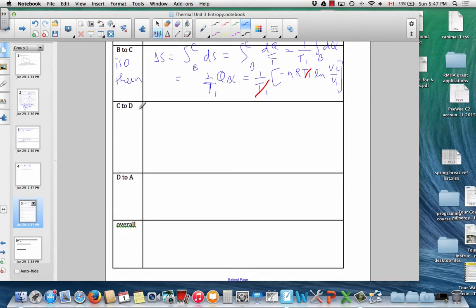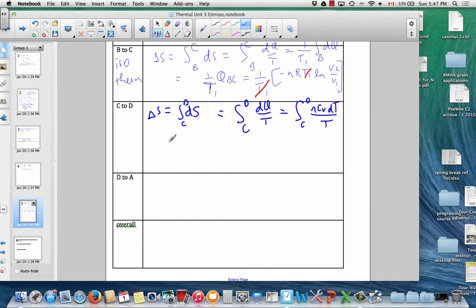Okay, so next, the isochoric process from C to D. We evaluate delta S. It's the sum of all the little dS's between C and D. So dS is dQ over T. And because this is an isochoric process, dQ is n Cv dT.